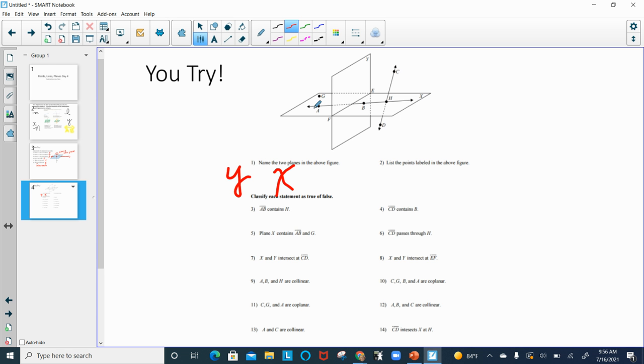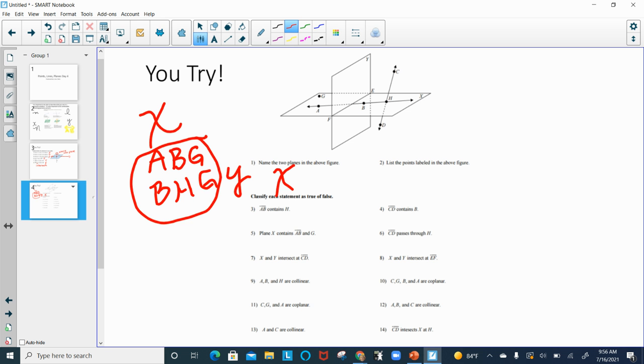So I can do A and B, but I can't use H. I would have to use A and B and G, or B and H and G. You're going to need that G in there. And to name the vertical plane that's going up and down, I don't think you can name that with 3 letters. There's just not 3 points that you can use that are on that plane.